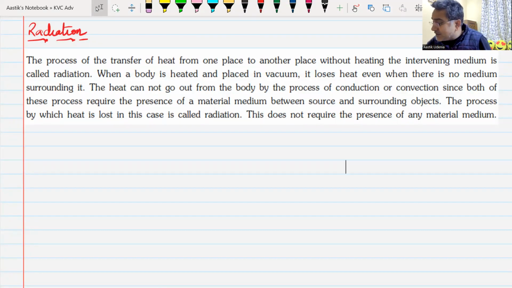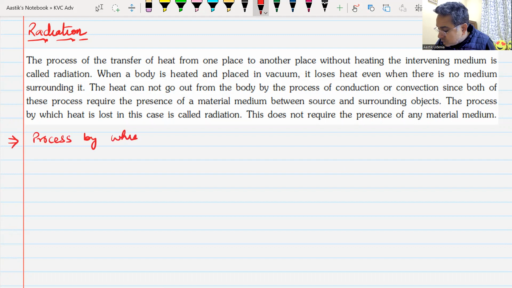So what is radiation? Now when we use the term radiation, it means the process by which this thermal energy is produced. Radiation is a very, very broad term.